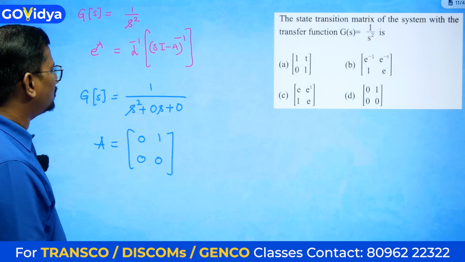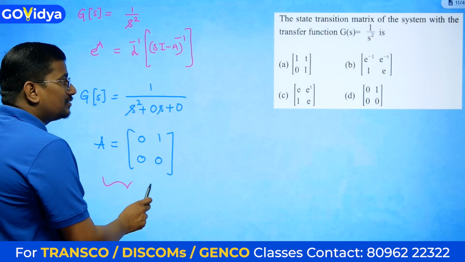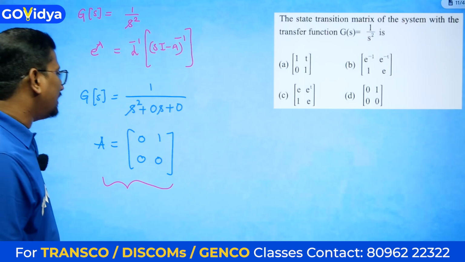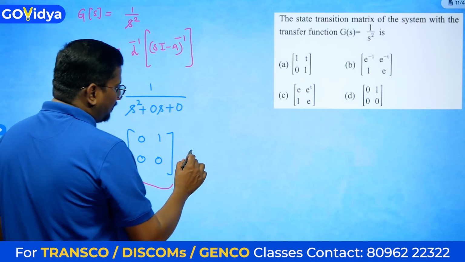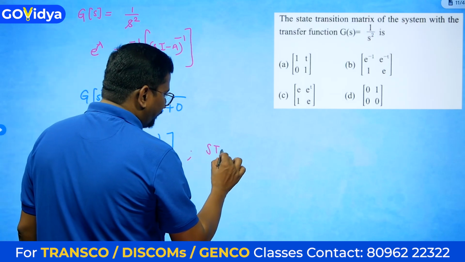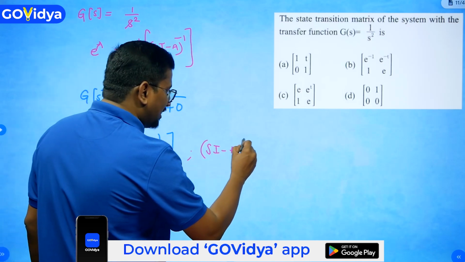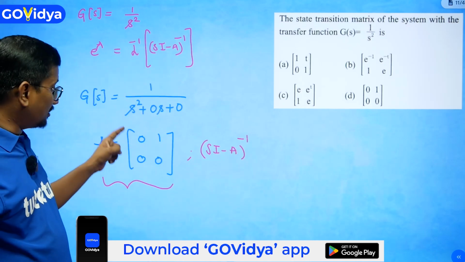For this matrix, we cannot calculate the inverse of A because the determinant is 0.